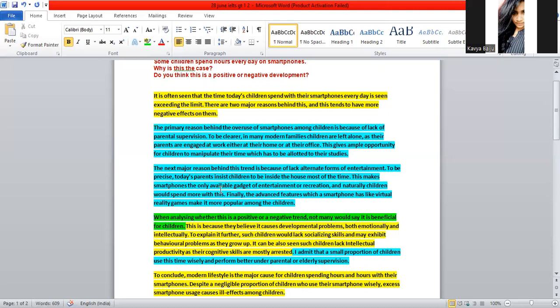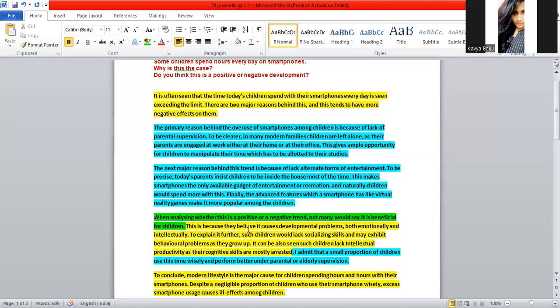This is because they believe it causes developmental problems, both emotionally and intellectually. We do have emotional problems. We do have intellectual problems. We do have some physical problems too, like eye strain and all. To explain it further, such children would lack socializing skills and may exhibit behavioral problems as they grow up.